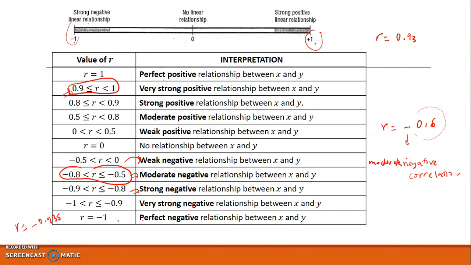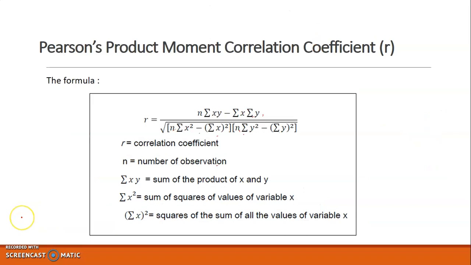Okay, next, how to find the value of R? To find the value of R, we will use the Pearson's product moment correlation coefficient formula. So this is the formula.